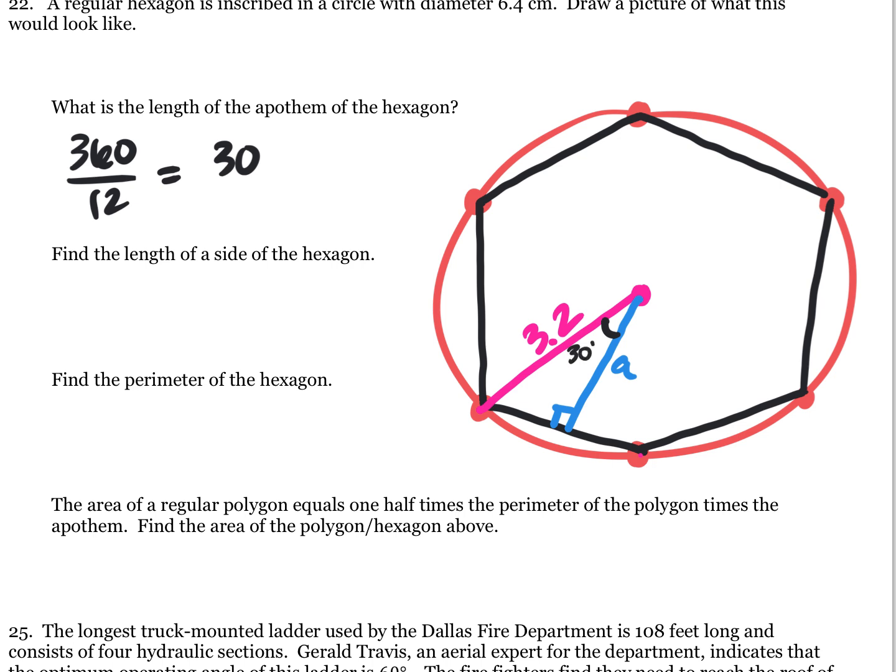Then you go straight up SOHCAHTOA, people. SOHCAH or TOA to find that apothem. Yes, cosine of 30 equals adjacent over hypotenuse.